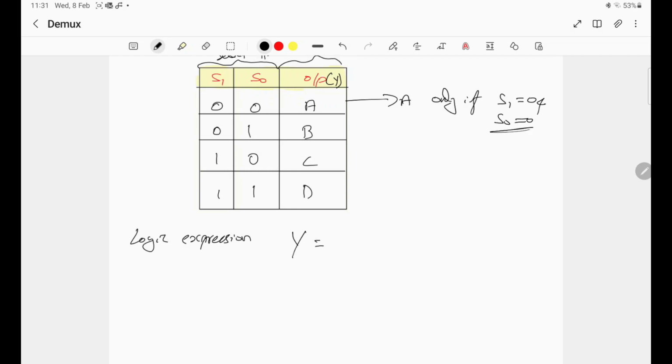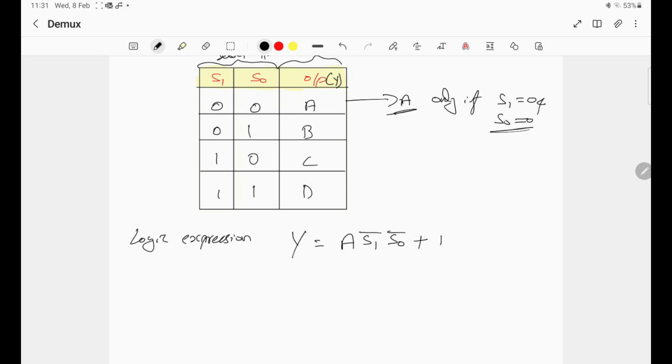In all other cases, we will not get any output in A. So we will get output in A only when S1 is 0, that is S1 bar, and S0 is 0. So when both are 0, we will get output in A.